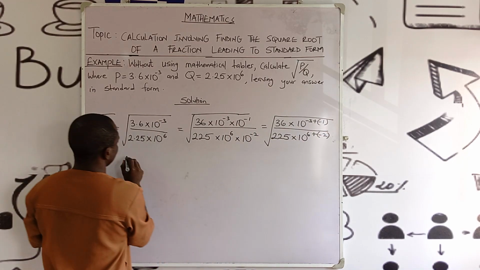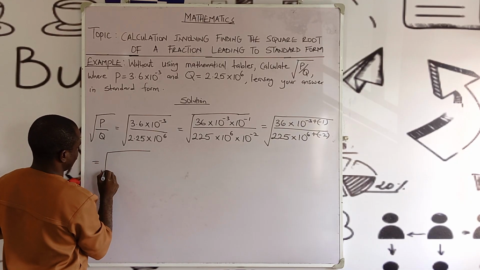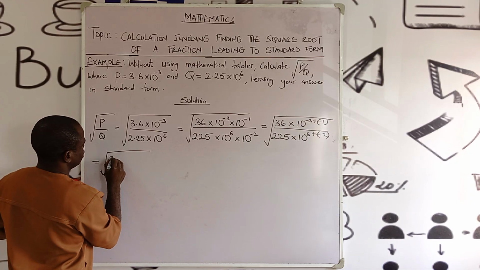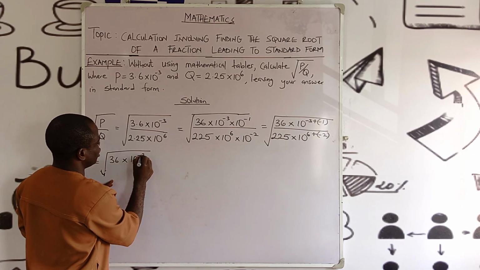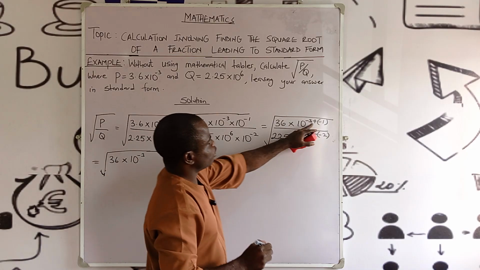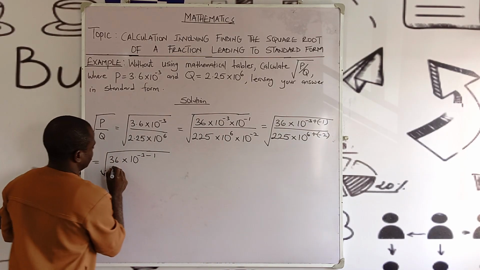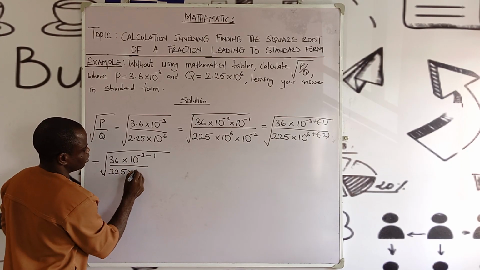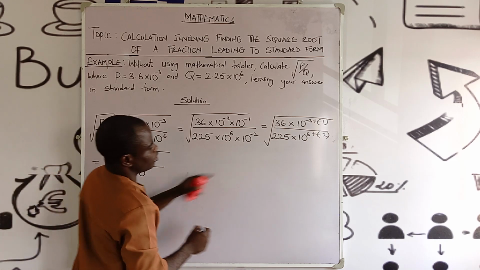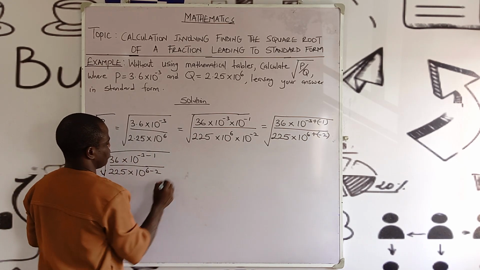Okay, now we have it to be equal to square root of 36 times 10 raised to the power minus 3, positive and negative will give us negative, over 225 times 10 raised to the power 6 minus 2.